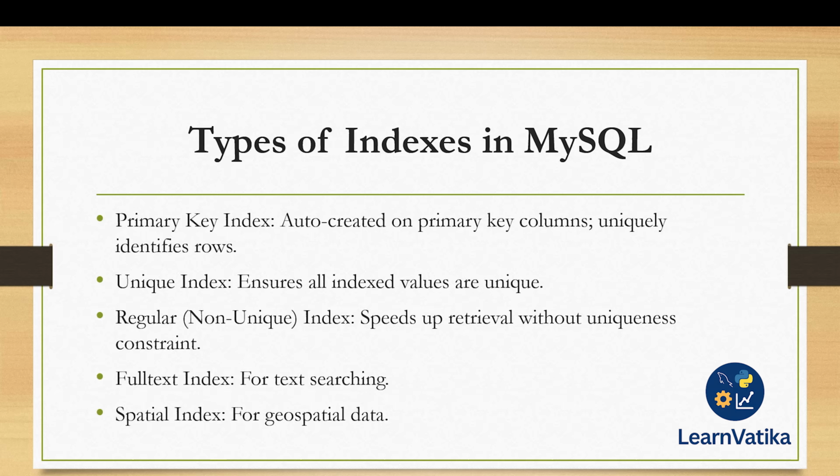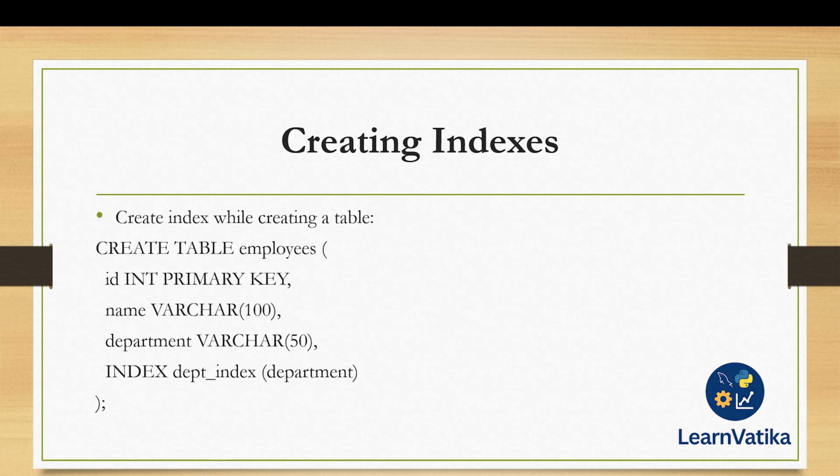Then we have a regular non-unique index, which speeds up data retrieval without a uniqueness constraint. Then we have the full text index, which we use for text searching. Then we have the spatial index for geospatial data. These are the few types of indexes present in MySQL.